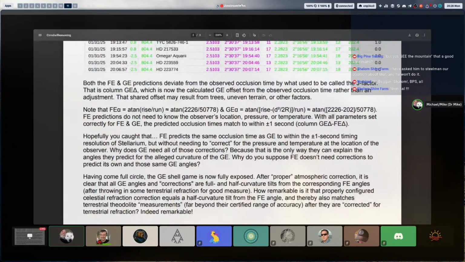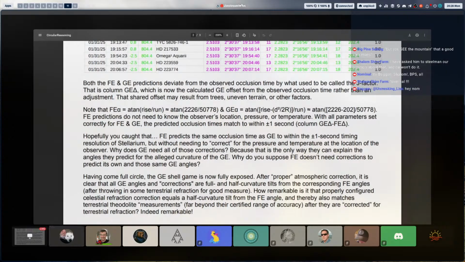After proper atmospheric correction, it's clear that the globe Earth angles and the corrections are full and half curvature tilts from the corresponding flat Earth angles. And our globe Earth friends also throw in some terrestrial refraction for good measure. So it's kind of remarkable that they are still trying to claim there's a difference.